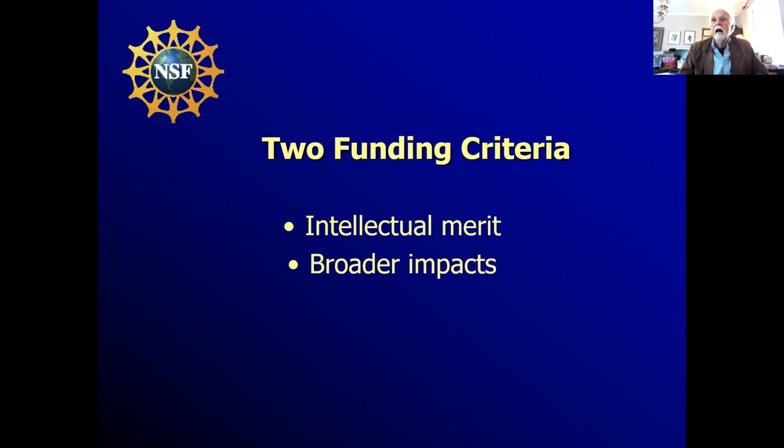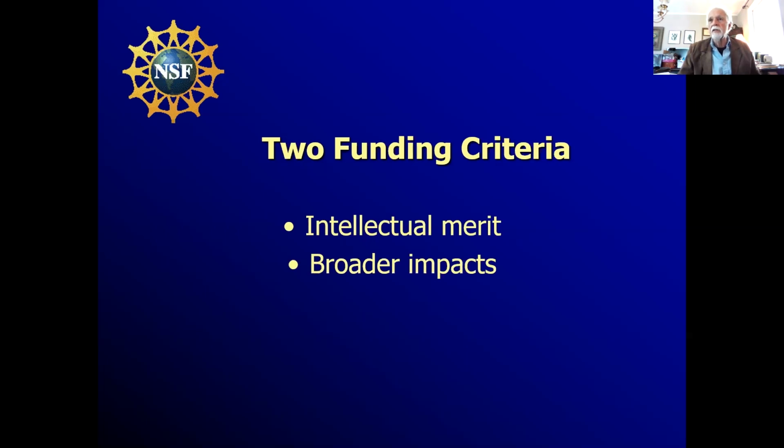Okay. The two funding criteria, intellectual merit and broader impacts, are not necessarily equal, to be honest. I've seen research funded with high intellectual merit where the broader impacts seem to be non-existent or minimal, or at least not explained well.